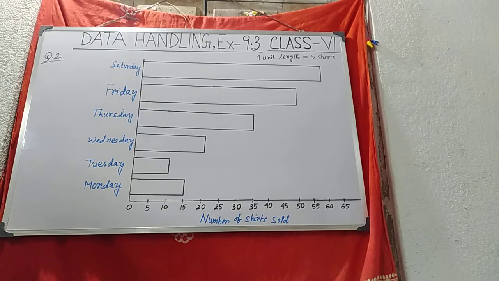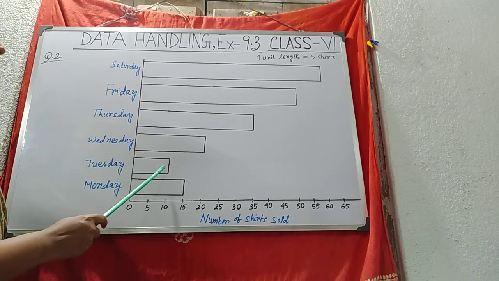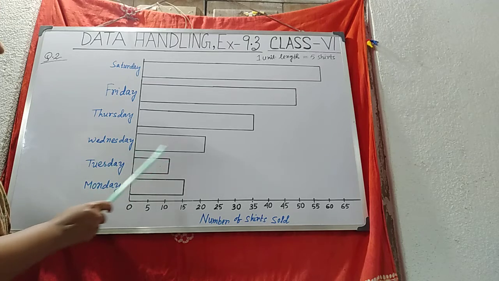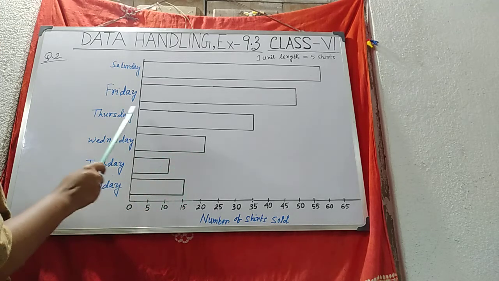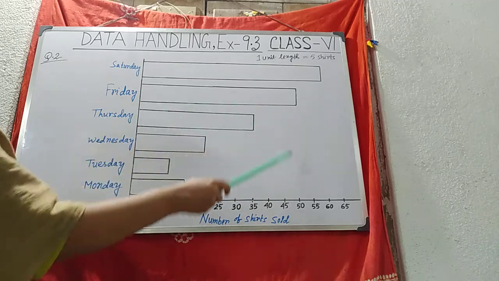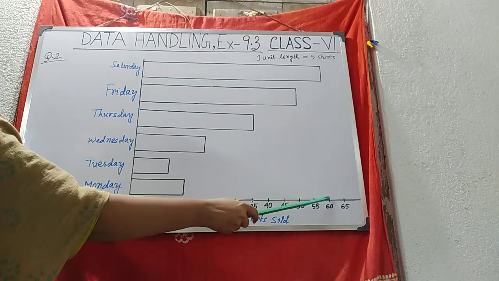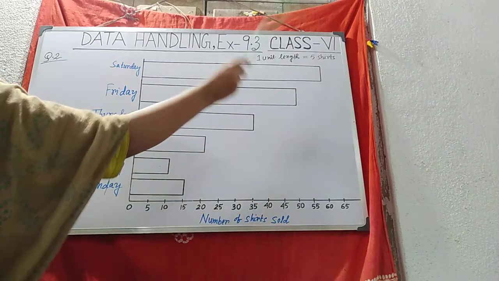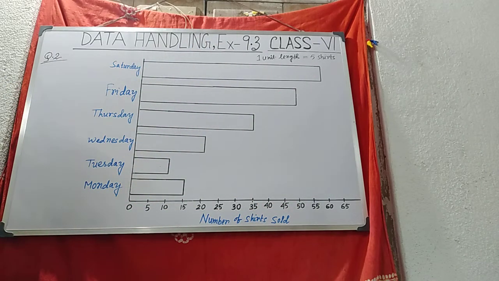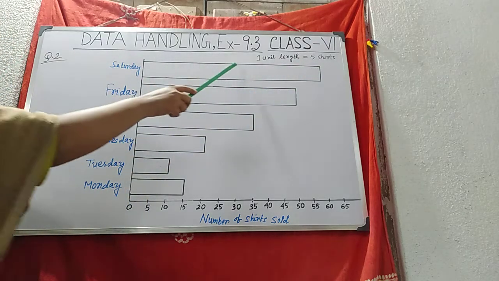Here we can see that on Monday 15, Tuesday 10, Wednesday 20, Thursday 35, Friday 50 and Saturday 60. So 60 is the highest here, and the height of this bar is highest here.